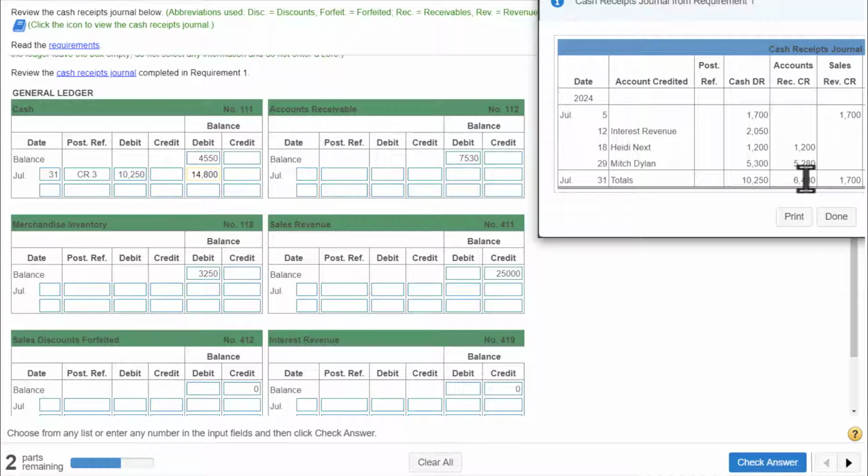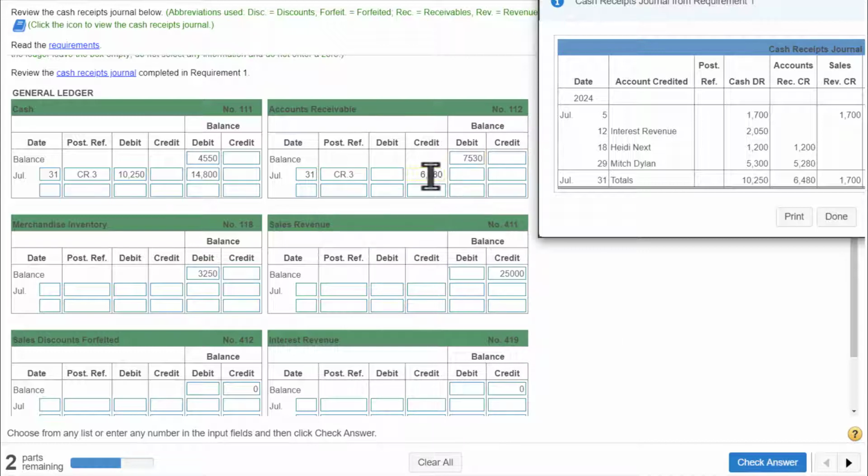Moving to the right, we got $64.80 AR being credited at the end of the month because it's a total. Cash receipts, page 3. So we had $75.30. We lowered it by $64.80. So our new balance in AR was $1,050.